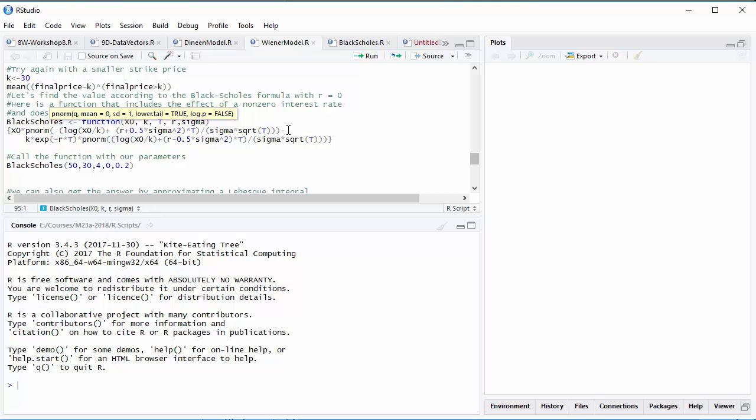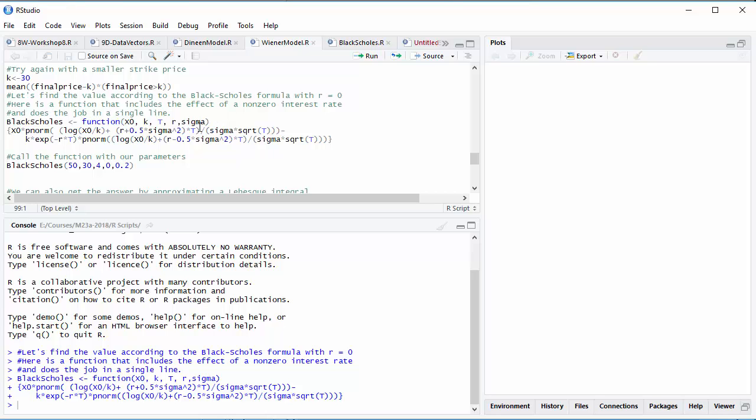A word of warning, by the way, here. If you want to break up a line of code in R, you should end the line with a minus sign or a plus sign or some other operator. If you move this minus sign down onto the next line, things will fail in a thoroughly mysterious way. So let's define this function.